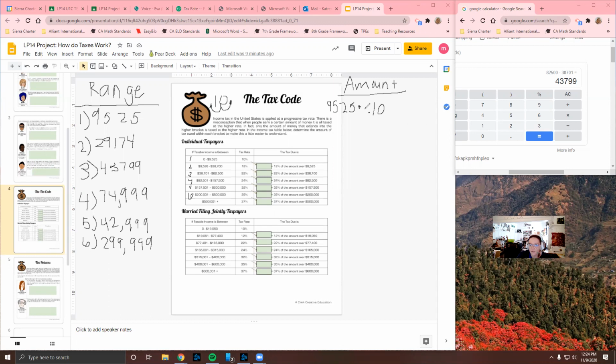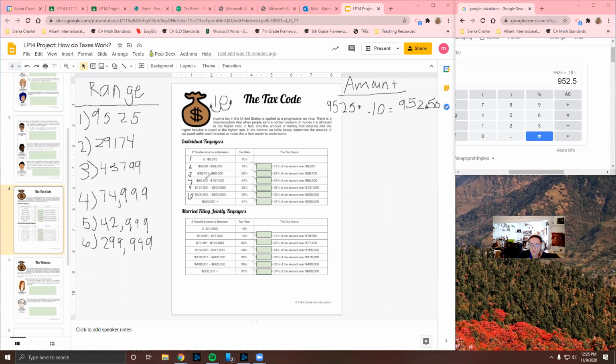So 10% becomes 0.10. When you multiply, come over to your calculator, take the range you got, 9525 times 0.10, and we find out the amount of tax you would pay if you filled up that range is $952.50.